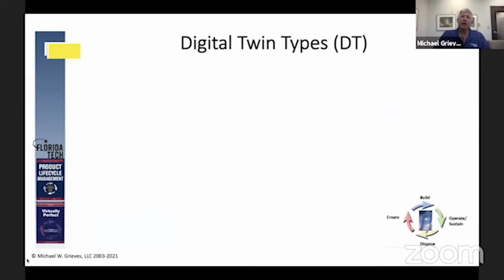So I want to talk about the digital twin types, because this is a taxonomy that Eduardo mentioned. I think the key thing here is that it is important that this framework exists across the entire product lifecycle.